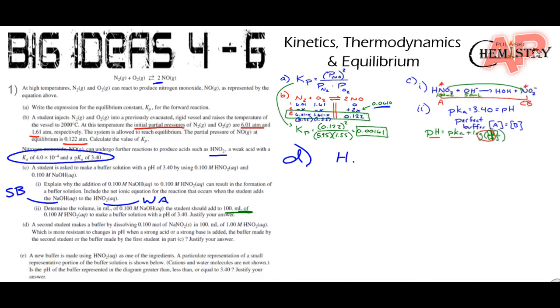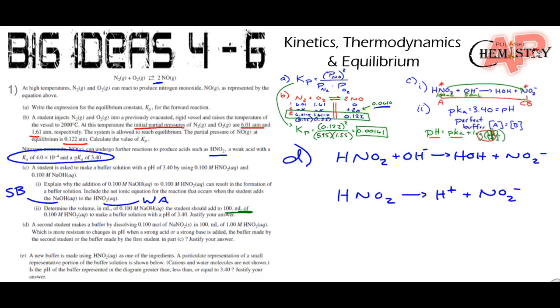I have this, which is for part C, where we had this equation. And this is for part D, where it's just the acid. The reason I know that is that you're adding the NaNO2, which all just goes into that part. So let's label some things here.